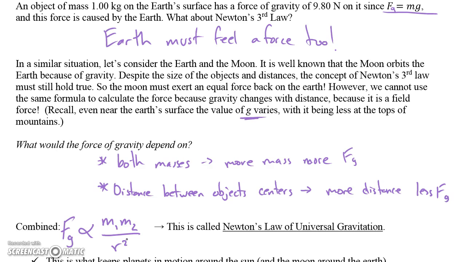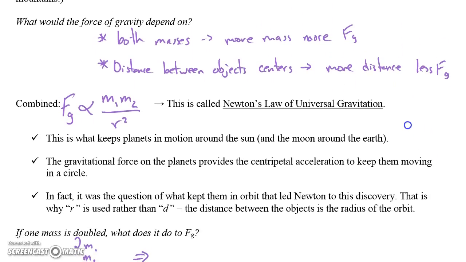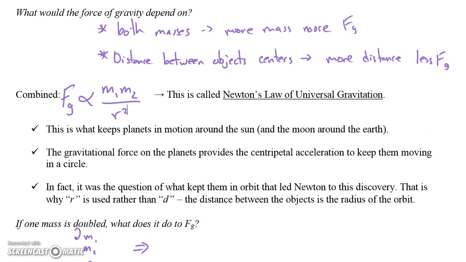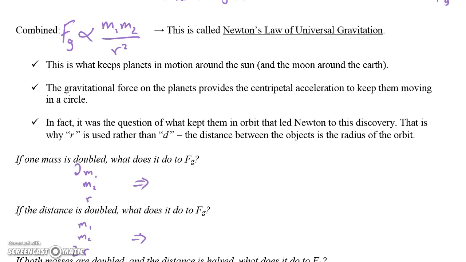So this helps us with planets, with things going around in circles. We want to know how Fg depends on the masses and the distance between them. So let's pretend we doubled one mass and see what would happen.